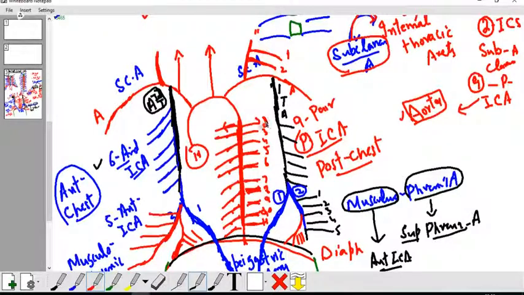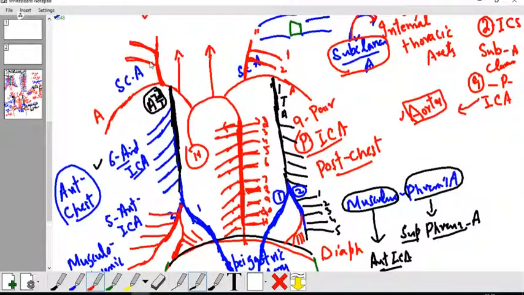And the lower 9 posterior intercostal arteries are direct branches of the descending aorta. The costocervical trunk gives 2 branches.